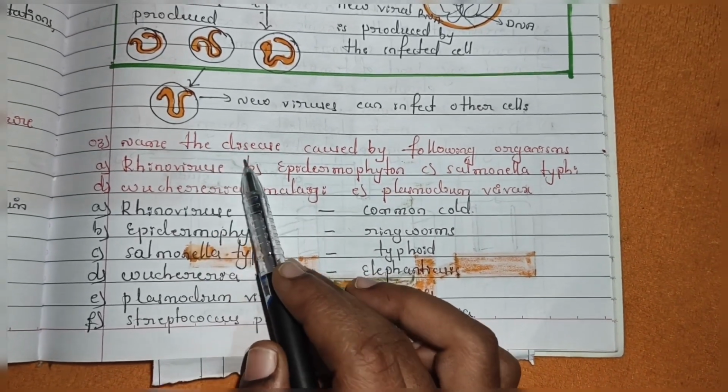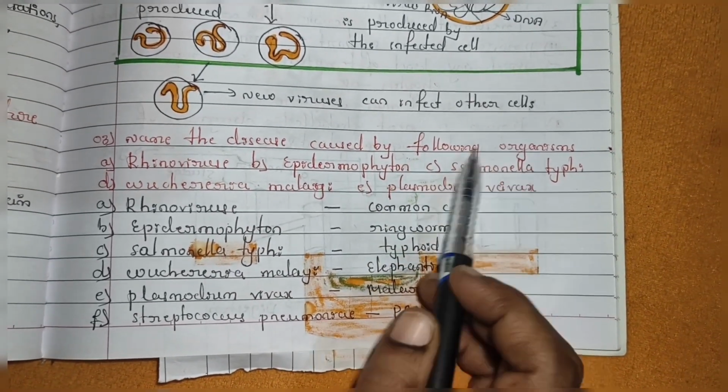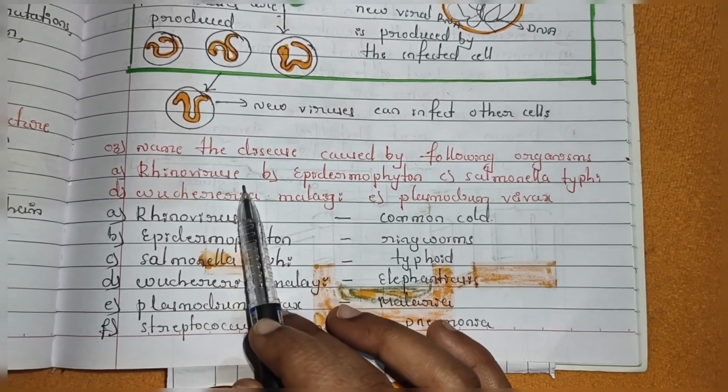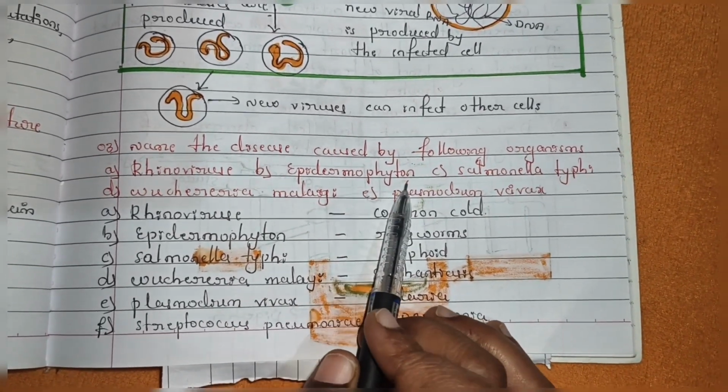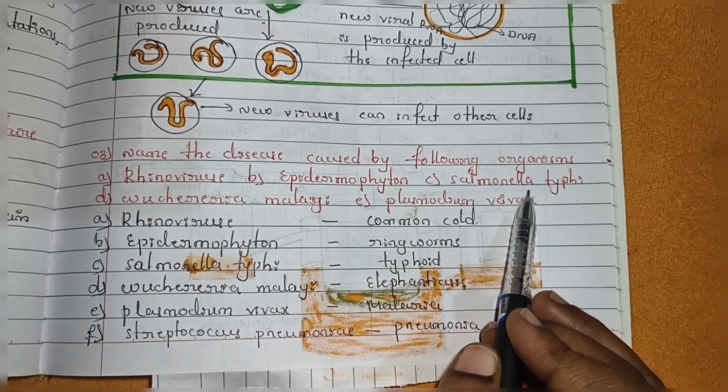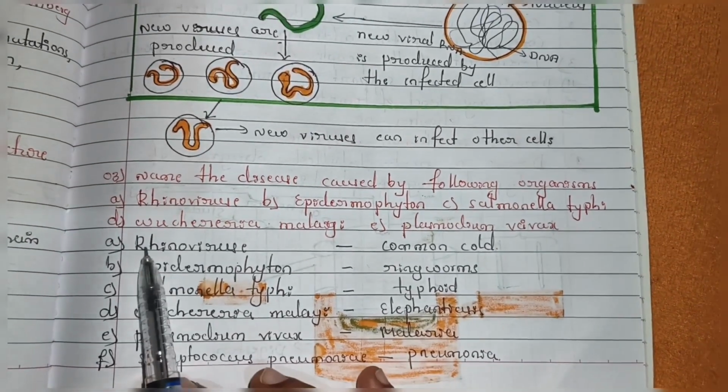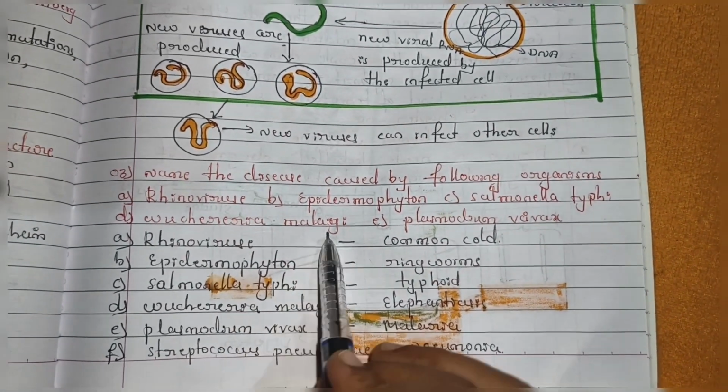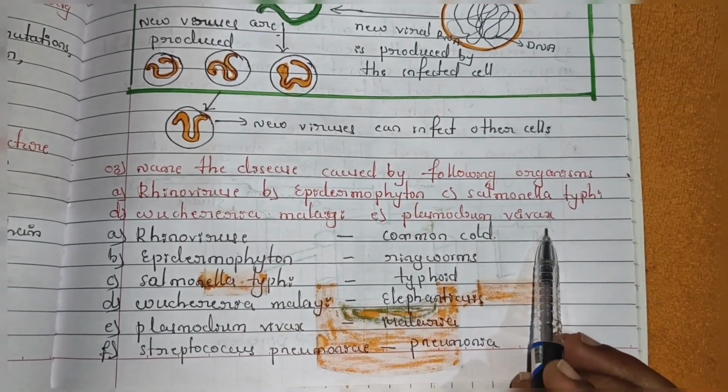And next, third question is: name the disease caused by the following organisms: rhinovirus, epidermophyton and Salmonella typhi; next, Wuchereria bancrofti and Plasmodium vivax.